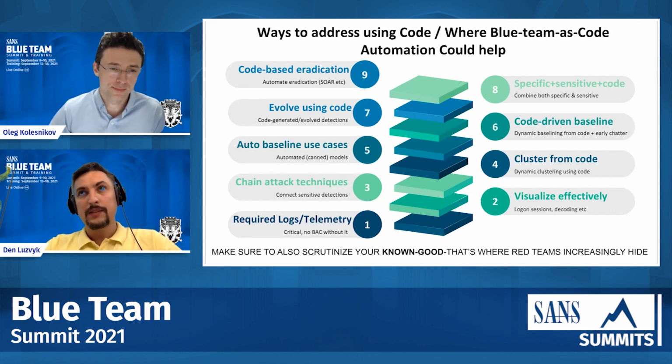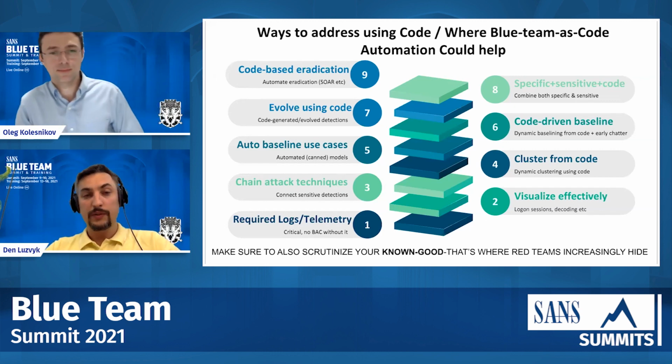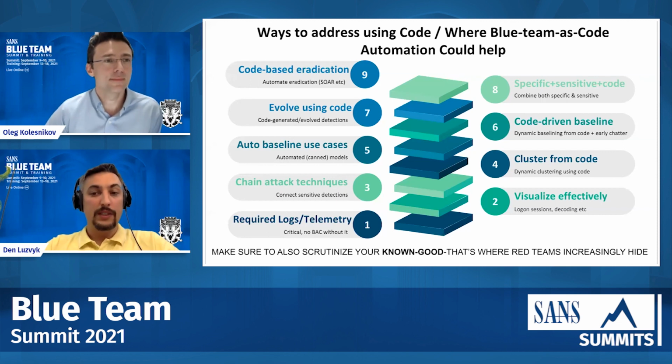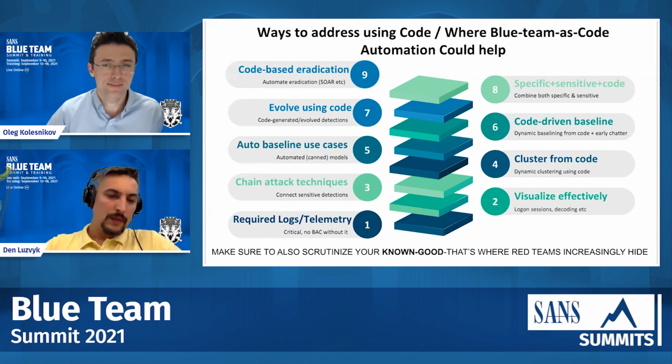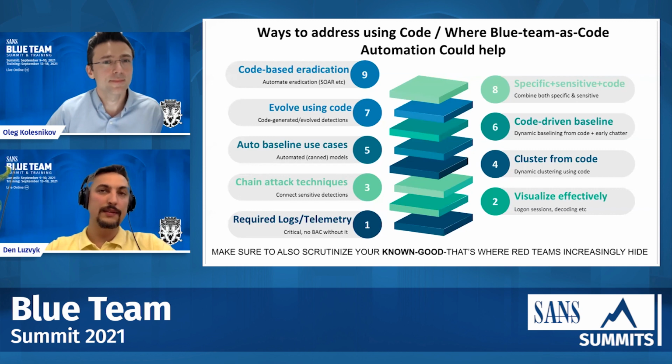Code-based eradication allows you to take immediate action during hunting or investigation, from getting a hash value from a remote workstation to removing it across the environment. And I want to highlight that as a blue team, we are able to scrutinize known good processes and use this as our advantage to detect red teams that are trying to blend in with it.